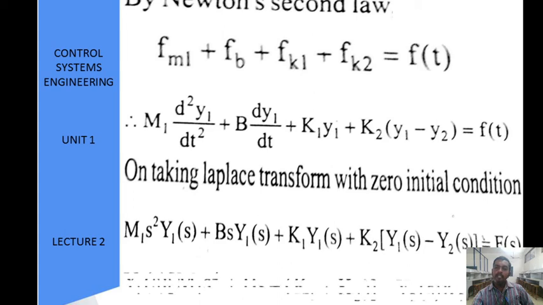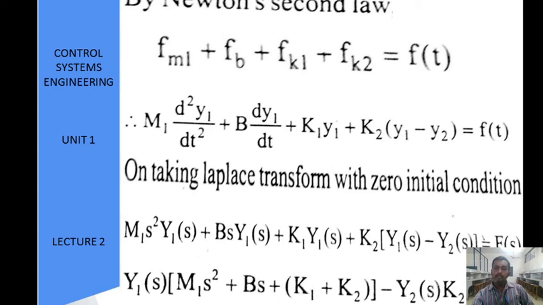We need to find the transfer function, so taking Y1(s) as common, we get (m1 s square plus b s plus k1 plus k2) Y1(s) minus Y2(s) into k2 equals F(s).